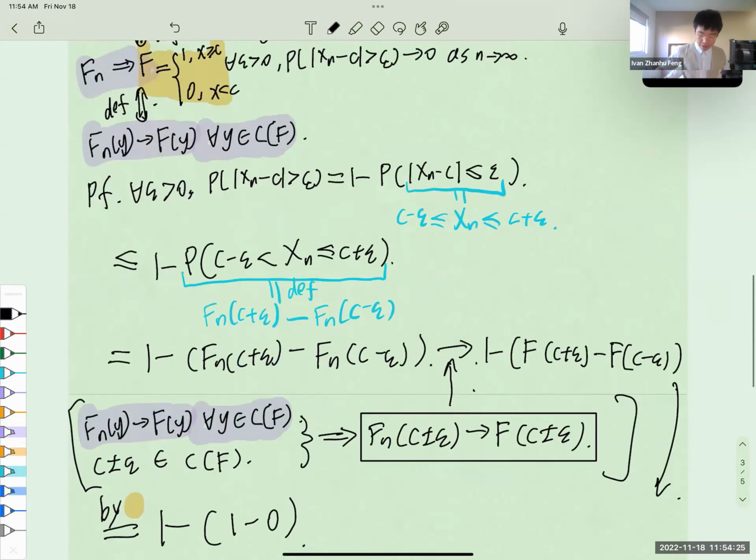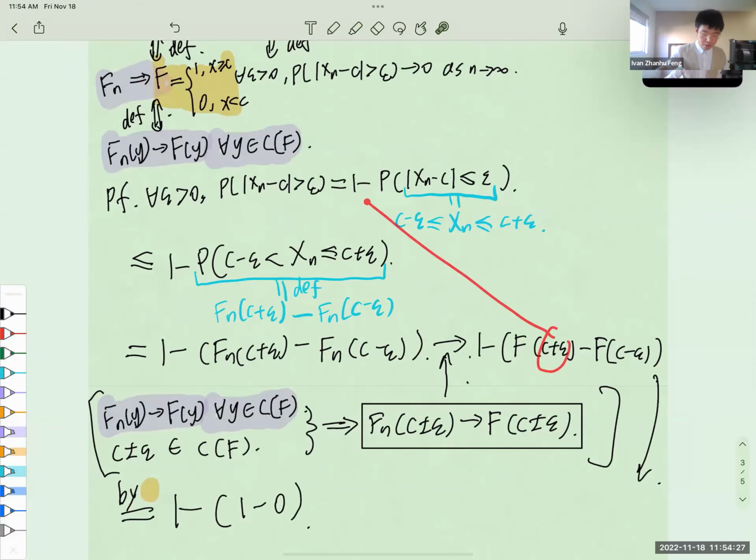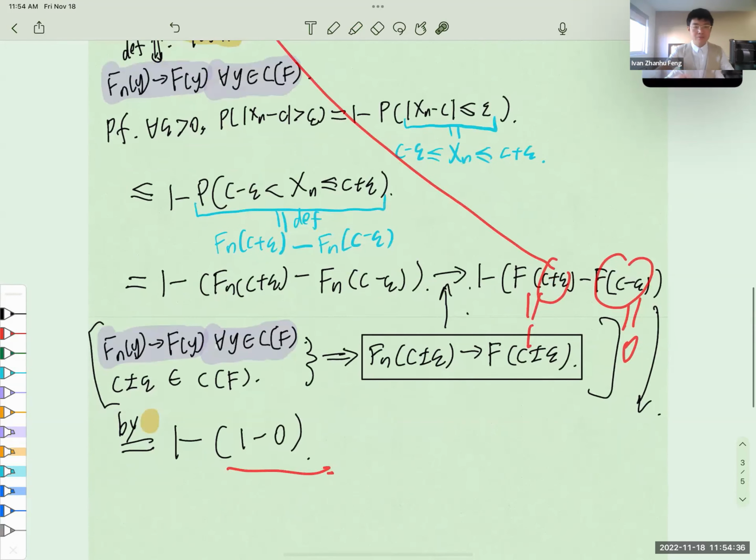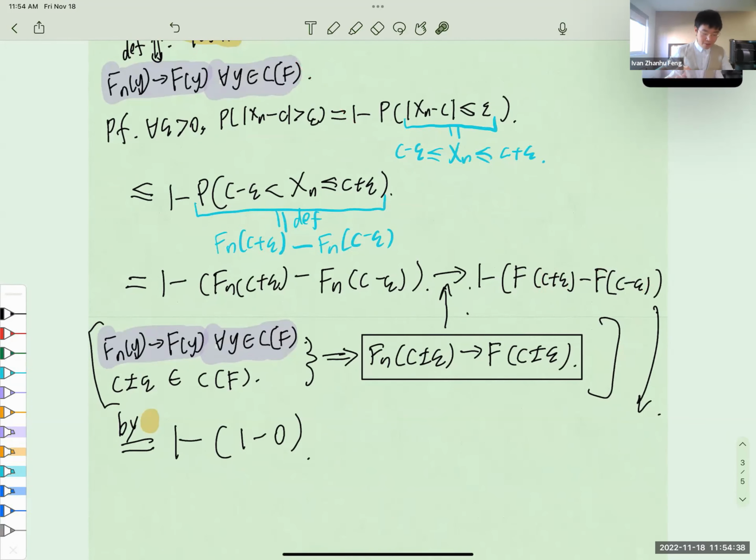Again, by definition, because of course C plus epsilon is greater than C, therefore the result is just 1. And likewise, this is 0. So that's it. So we have the final result: 0, of course, as n goes to infinity here.